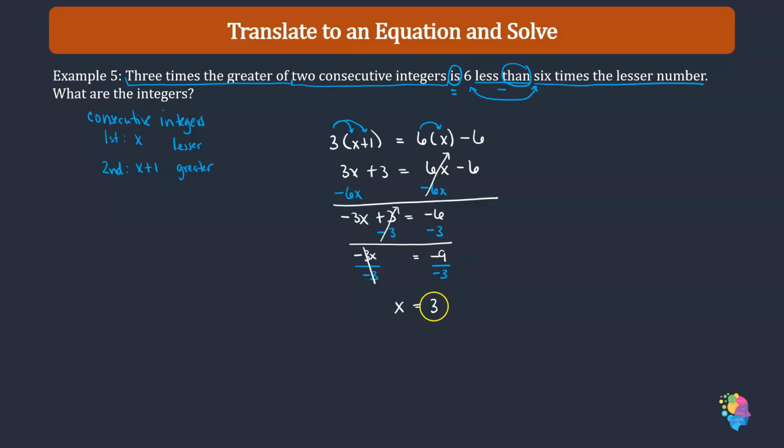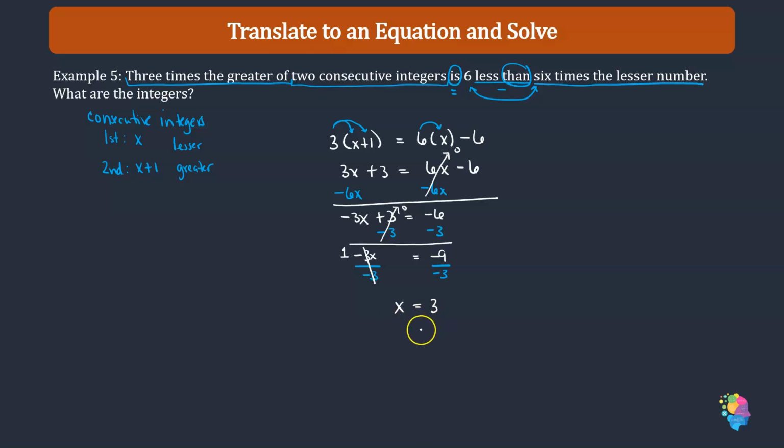Be careful. I'm just going to remind you that right here we are subtracting. So 6x minus 6x is 0, and positive 3 minus 3 is 0. But at this step, we are dividing. This is not 0. This is 1x, or just x. Now, are we done? Well, usually in the past, once we get to this point, we are complete, but this is a word problem.